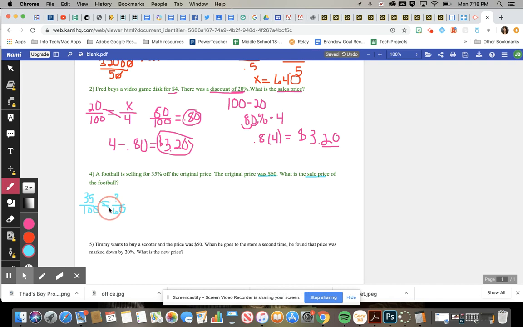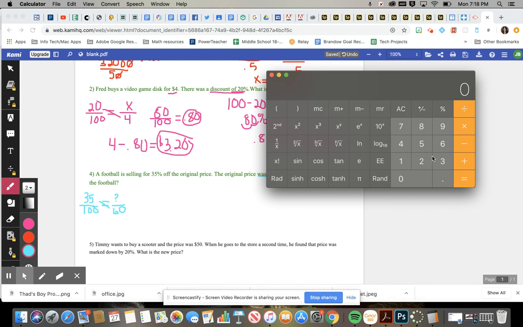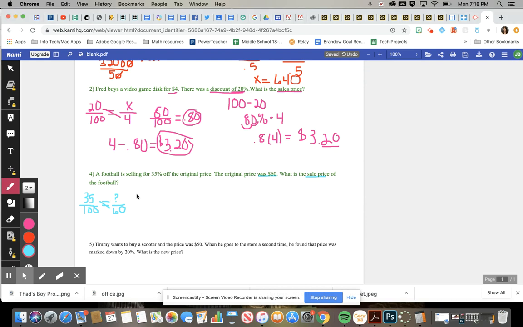So let's multiply across. 35 times 60, which is 2,100. Divided by that other number, the 100.